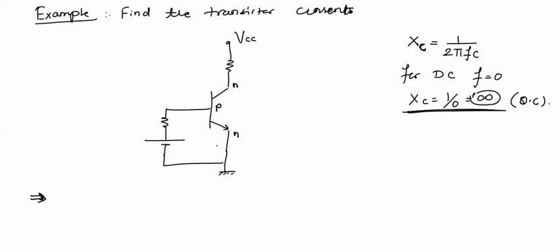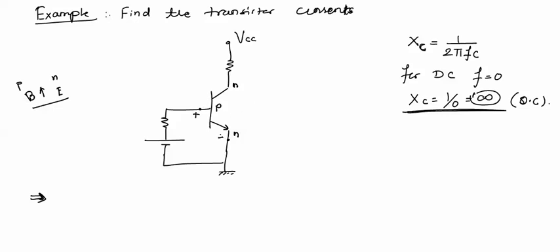From this base emitter loop, it is clear that this battery is keeping this P type region at higher potential with respect to this N type region. Means base is at higher potential with respect to emitter. If the base, which is P type, is at higher potential with respect to N type, that is the emitter, this base emitter junction is forward biased.